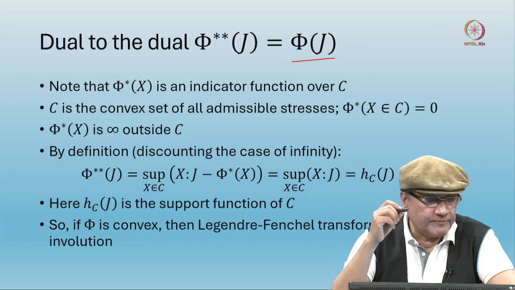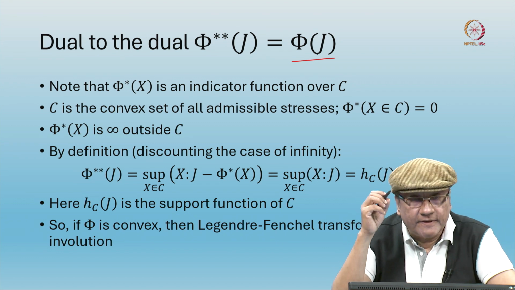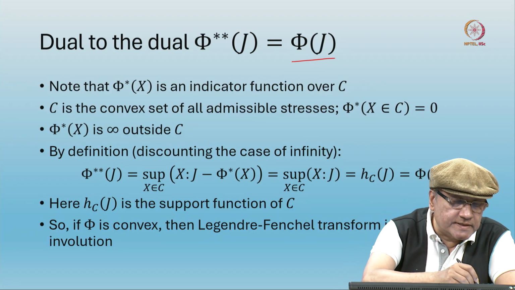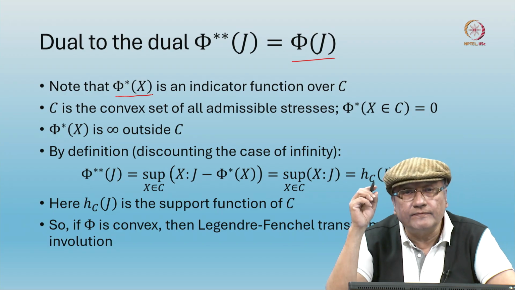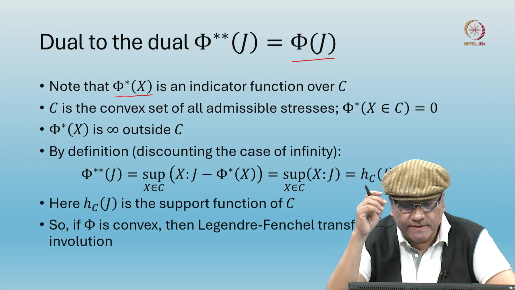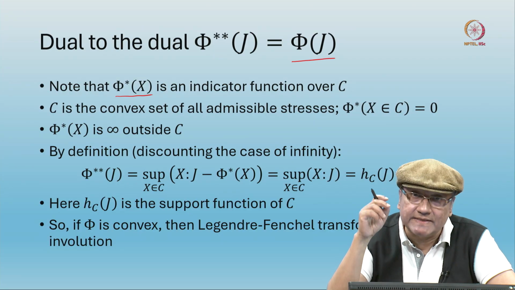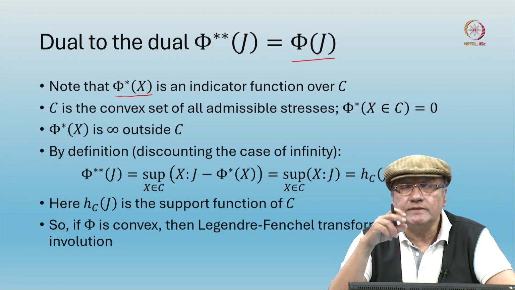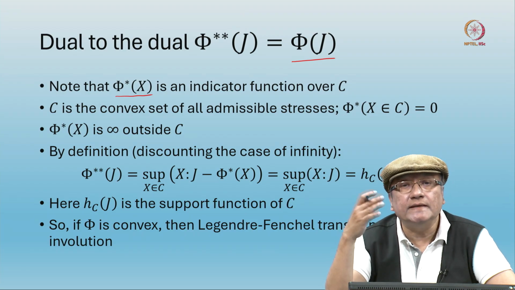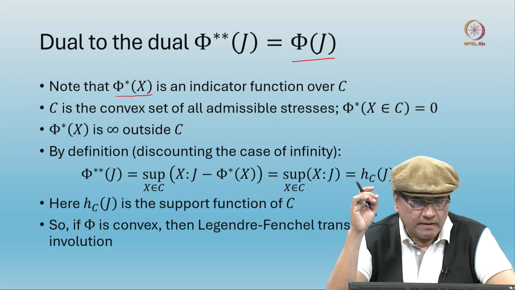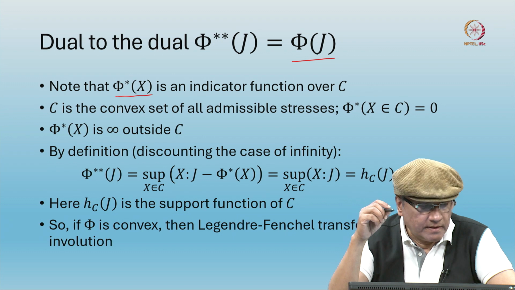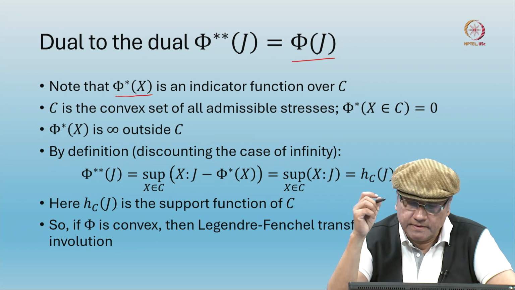I will explain. First, note that in the context of rate independent plasticity, the dual phi star is an indicator function over the set C. Also recall that the set C contains all admissible stresses, including stresses on the boundary of C. The boundary of C is nothing but the yield surface, and also recall that C is always a convex set.